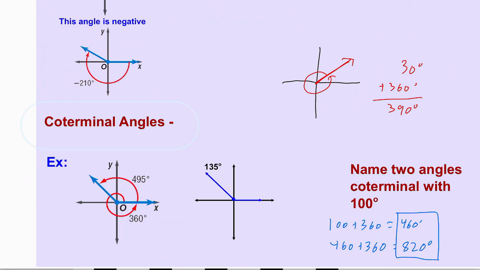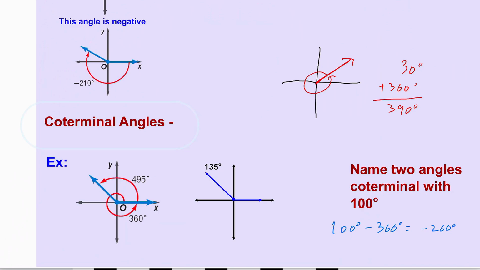One last quick point is that the other thing you could have done to find coterminal angles is go in the other direction. You can always subtract 360 degrees also. And in this case, that would have given us negative 260 degrees.